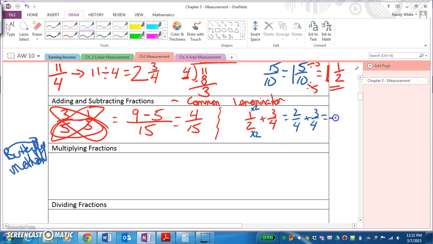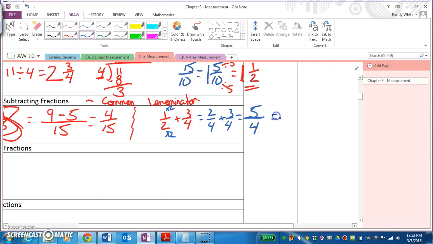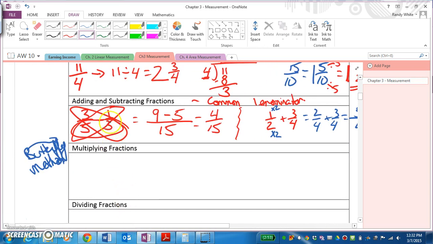So now my denominator is already the same, and I just have to add the numerators, which is 5/4, which again is an improper fraction. So we write that as 1 1/4. Okay, so one of the easiest things to do, like I say, is usually multiply the two denominators together, and then we cross multiply. But you don't always need to do that.